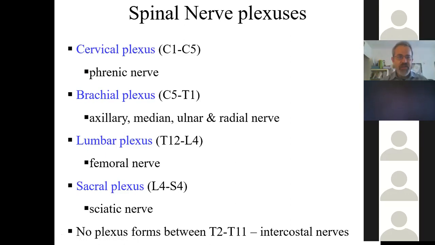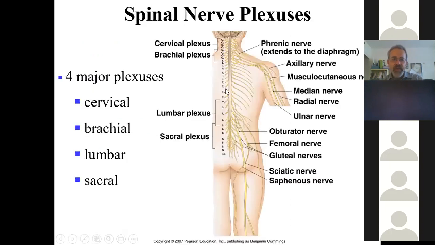But anyway, that's the largest nerve in the body. You notice between T1 and T12, there's nothing. There's T1, what about T2 to T11? There's no plexus there. That's where we have the intercostal nerves that are going to the intercostal muscles. You learned about those in the muscle section.